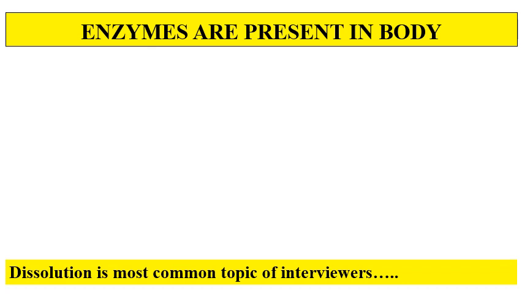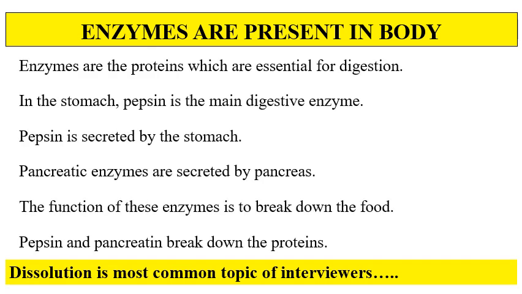Then coming to the enzymes that are present in the body. Why do the pharmacopoeias recommend the use of enzymes, and why don't the regulatory authorities consider the dissolution failure due to cross-linking? Because these enzymes are proteins which are essential for digestion. In the stomach, pepsin is the main digestive enzyme. Pepsin is secreted by the stomach. Pancreatic enzymes are secreted by the pancreas.